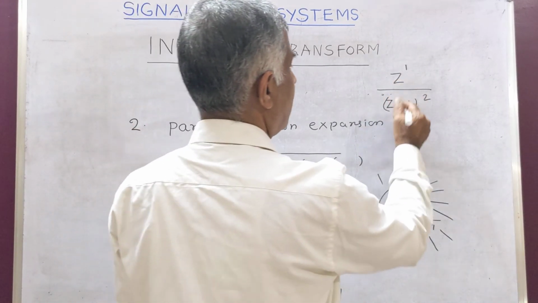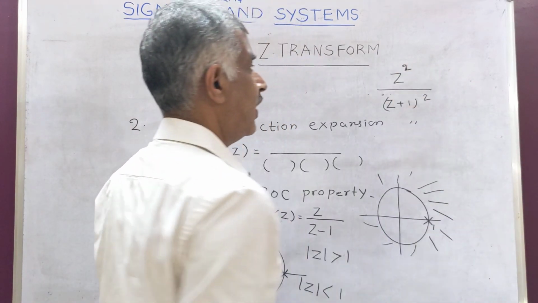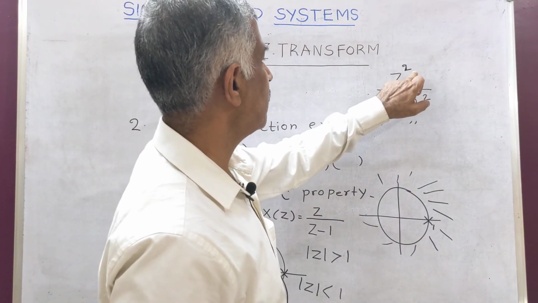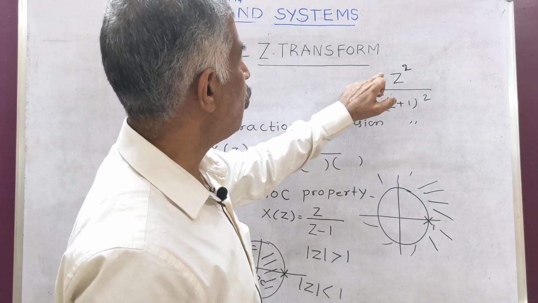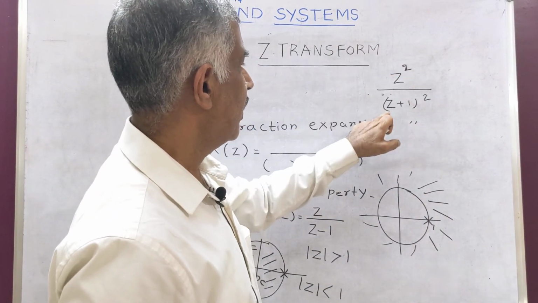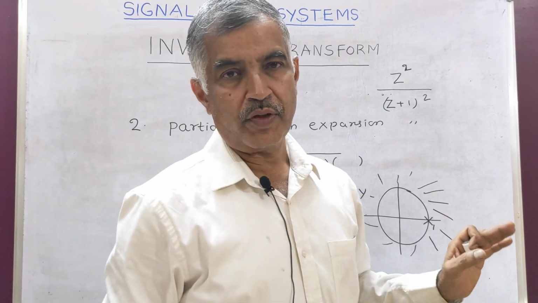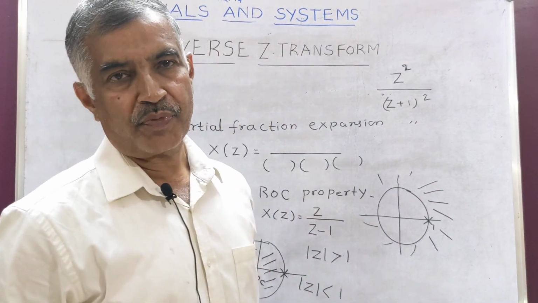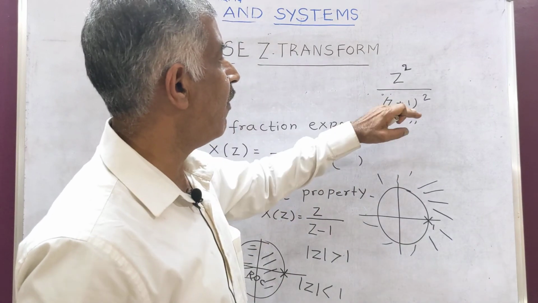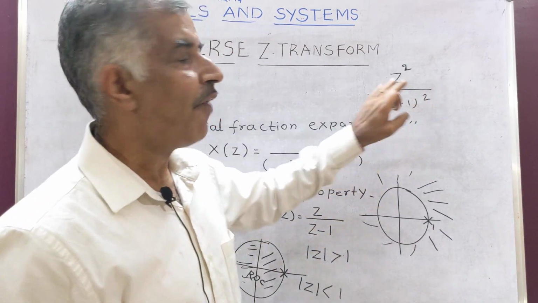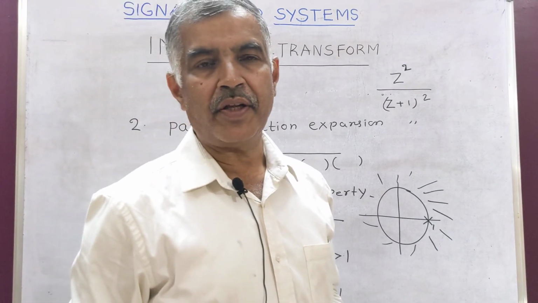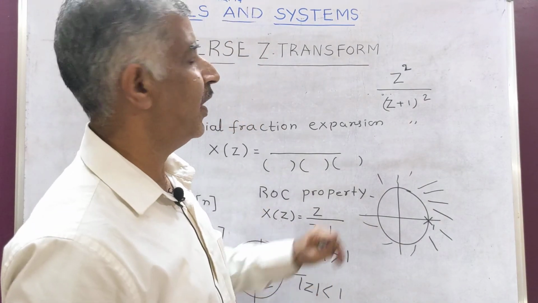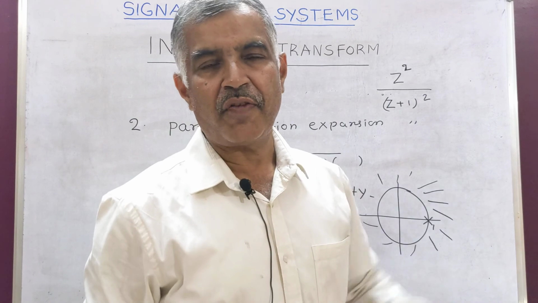For example, if the numerator is z square and the denominator is z plus 1 square, both degrees are 2, so straight away you can't do partial fractions. There is a division process. After the division, reducing the degree of the numerator to less than the degree of the denominator, we continue with partial fraction expansion.